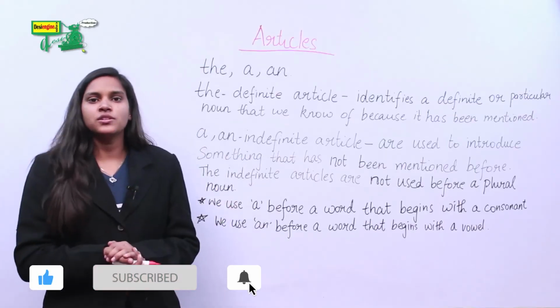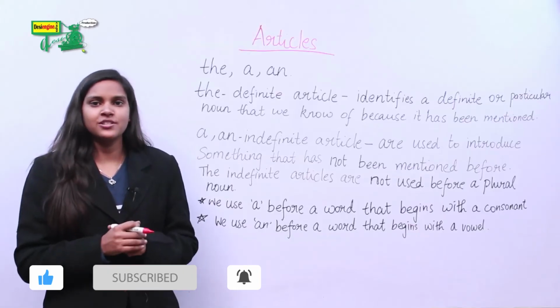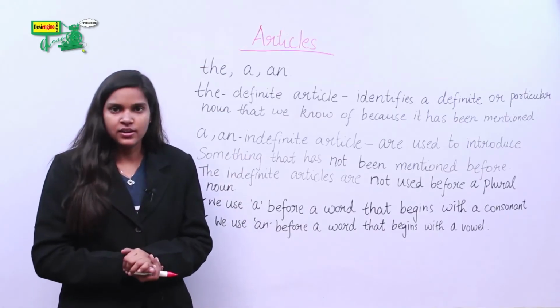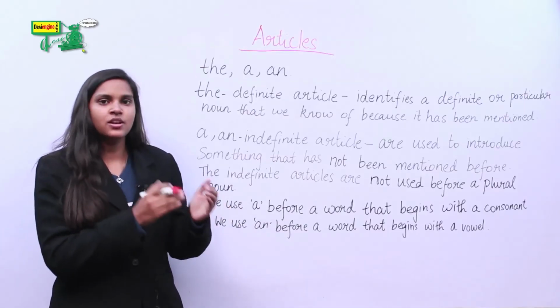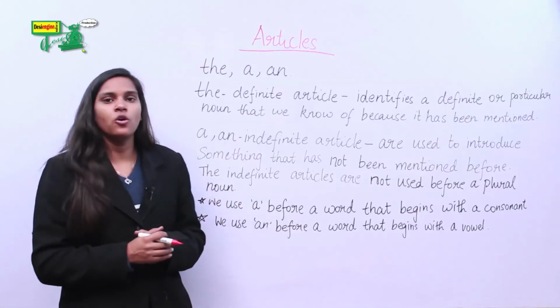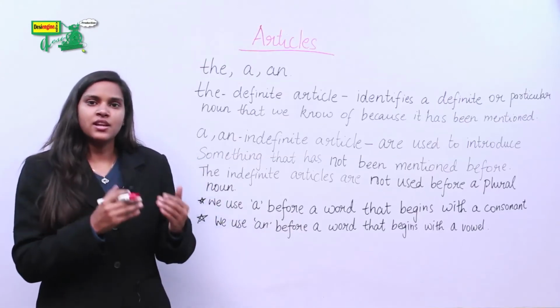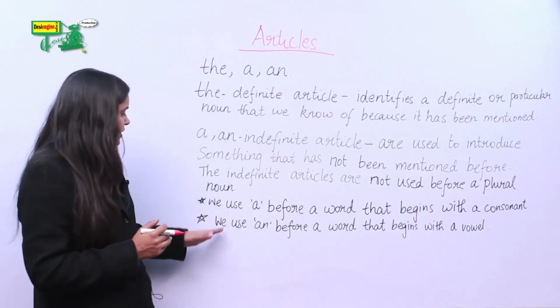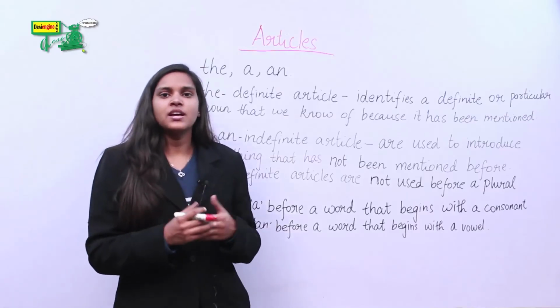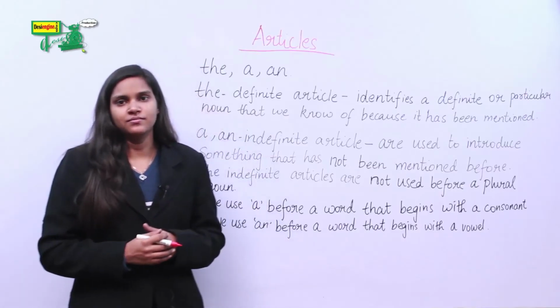Another rule worth remembering is that the article a is used only in front of words that start with a consonant, and the article an is used before words that begin with a vowel.